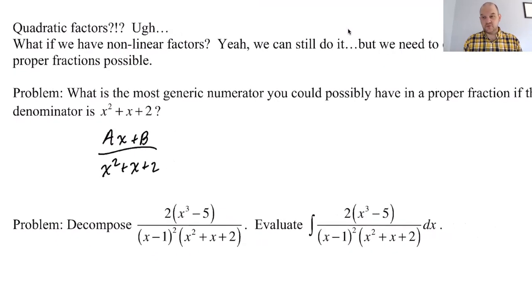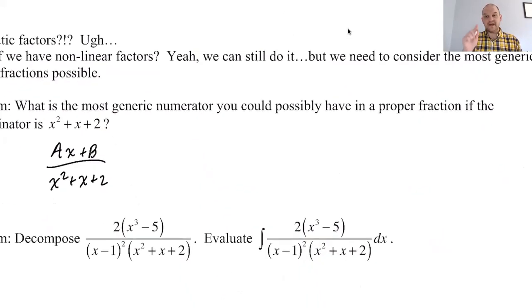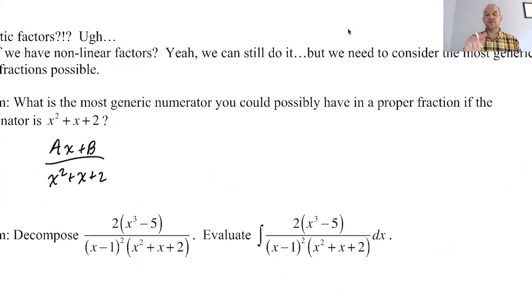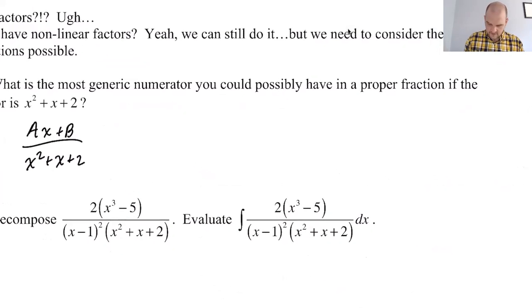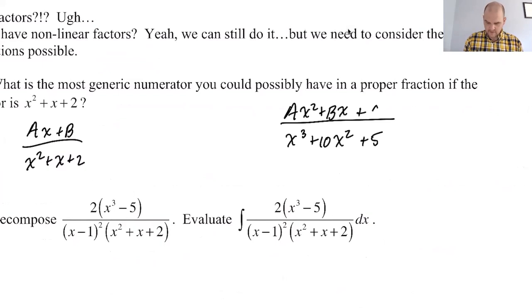If we had a cubic factor, not x cubed, but a cubic, like x cubed plus 10x squared plus 5, the most generic thing we could put over that would be a quadratic, ax squared plus bx plus c.